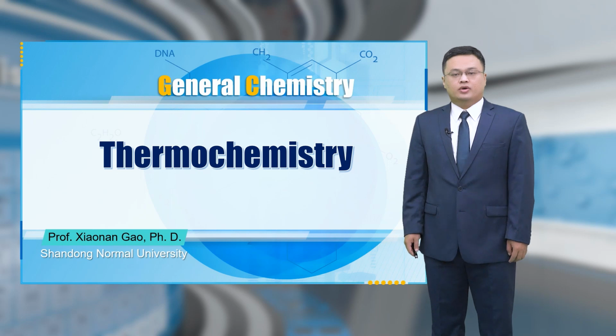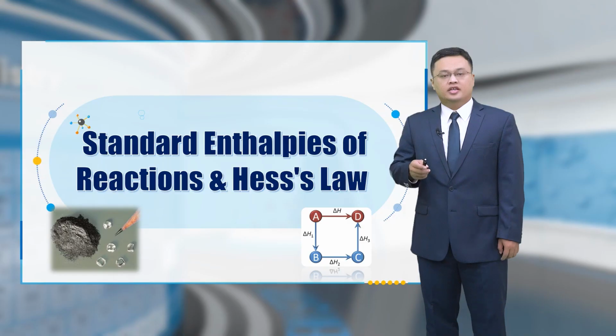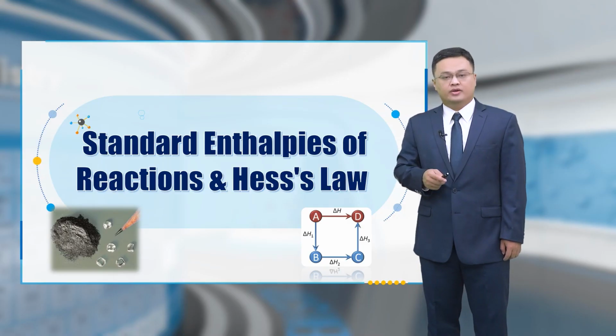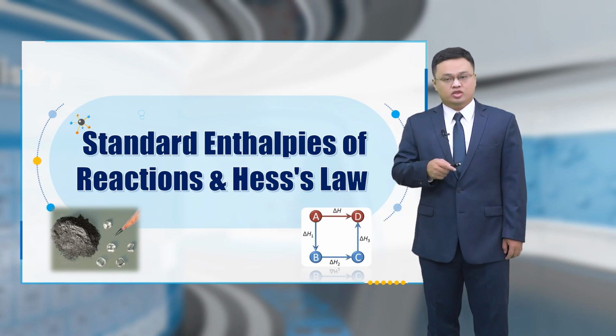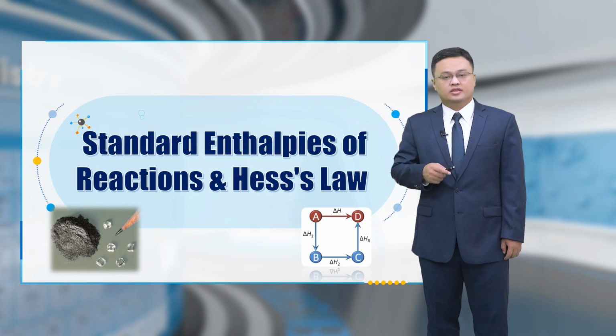This session will finish the thermochemistry chapter. Last class, we learned the enthalpy and internal energy changes in a chemical reaction. The measured enthalpy change for a reaction has a unique value only if the initial state, the reactants, and the final state, the products, are precisely described.